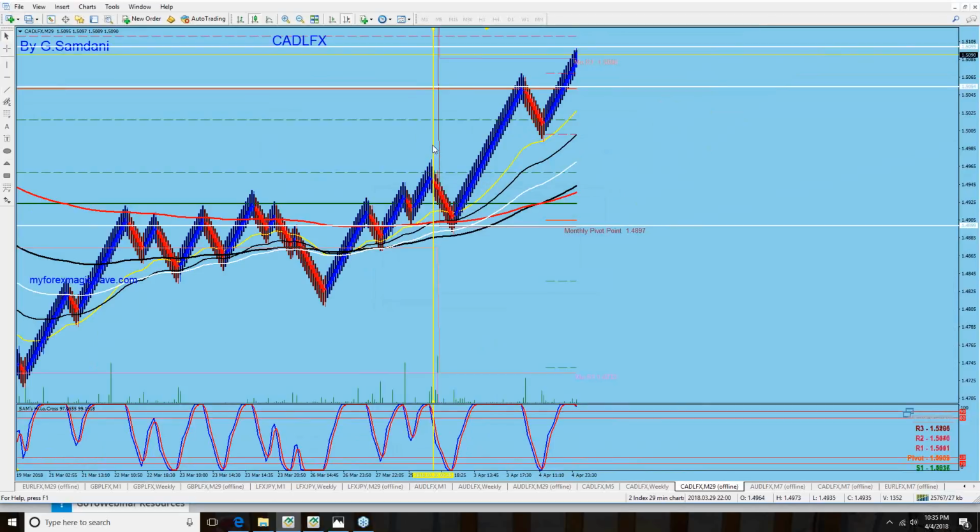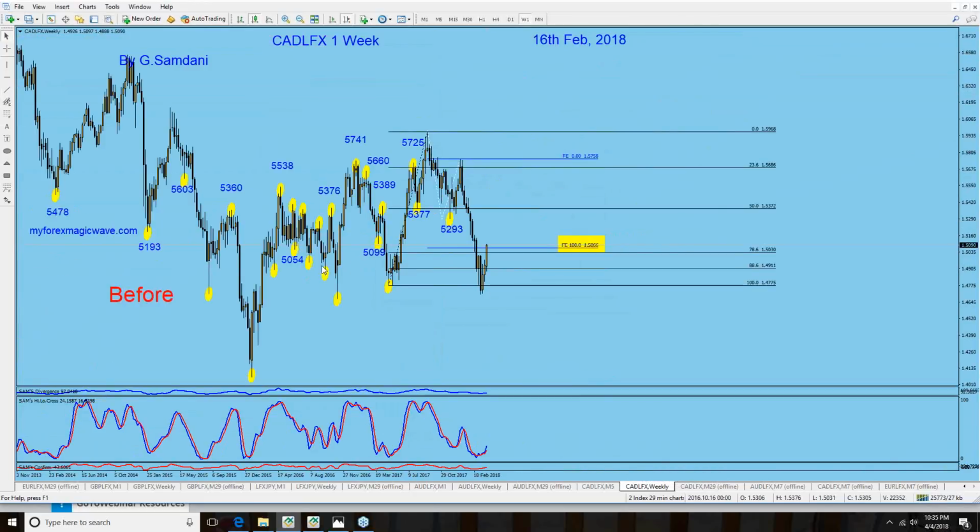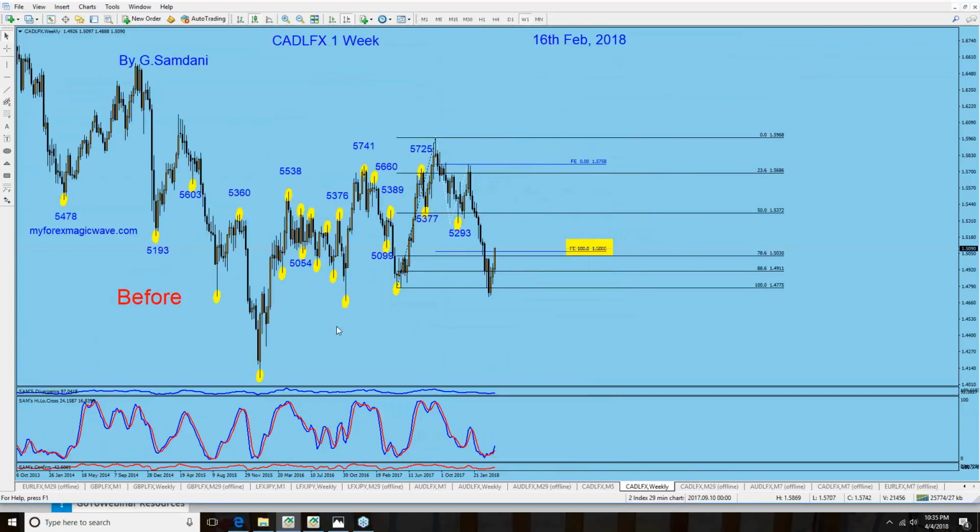This is where the market opened up for Sunday, April 1st. Monday the 2nd, the price was coming down, and they came down to this area, 48.98, which is a big number. I opened the other MT4, so it's all messed up.